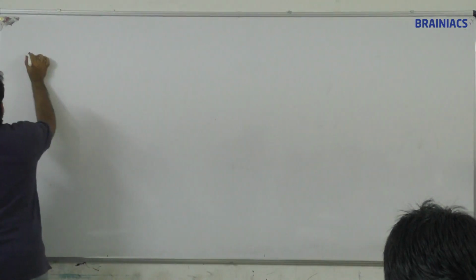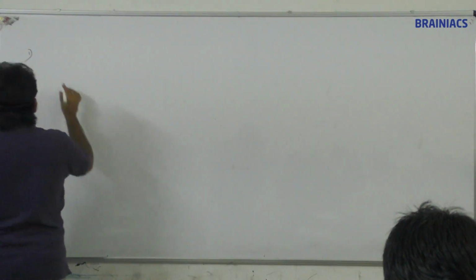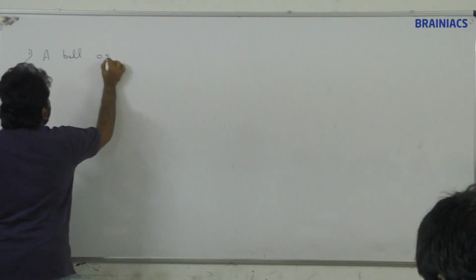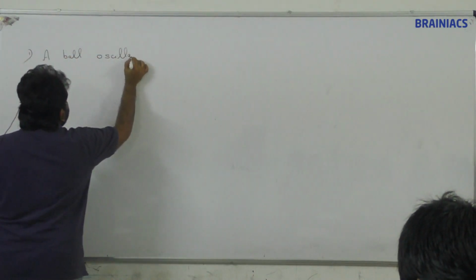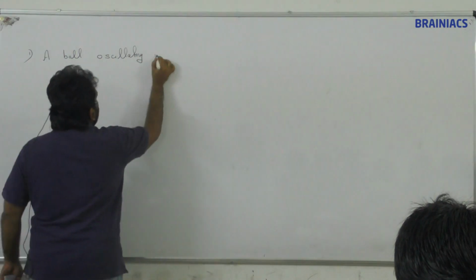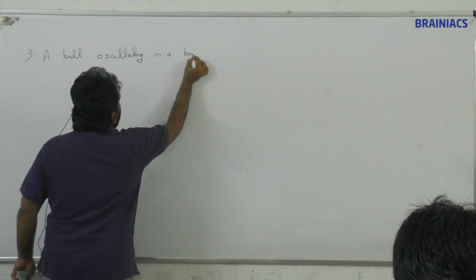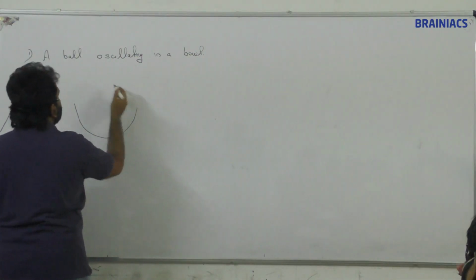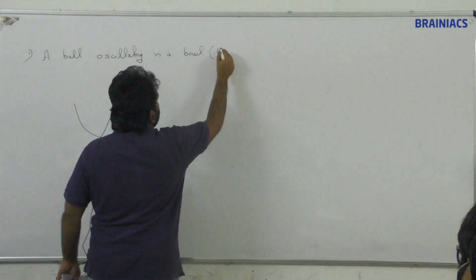So number one, a ball oscillating in a bowl. A hemispherical bowl is there, so we can say hemisphere.